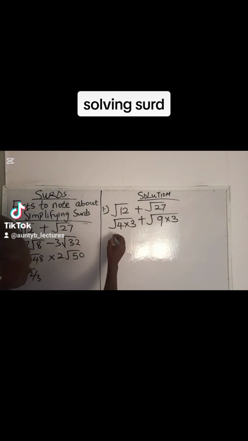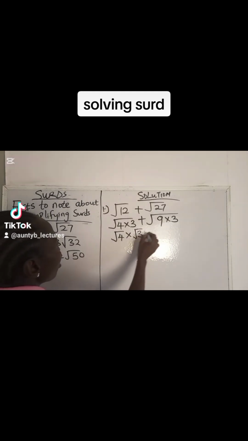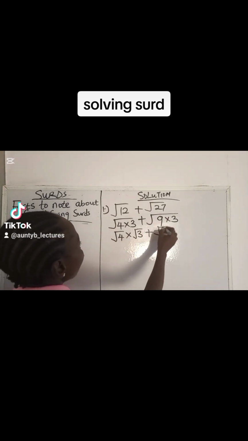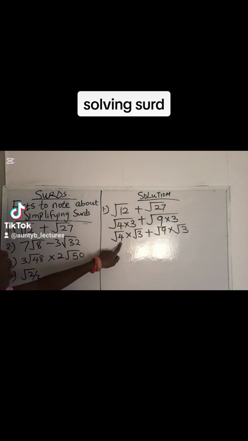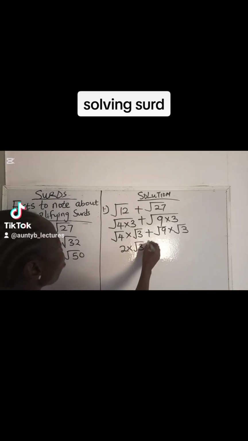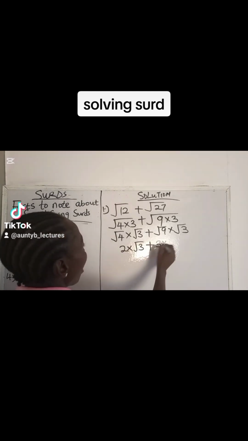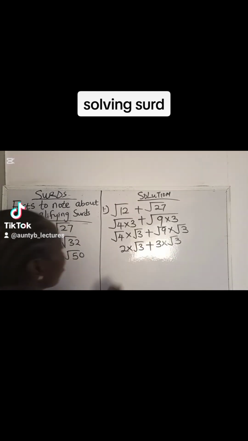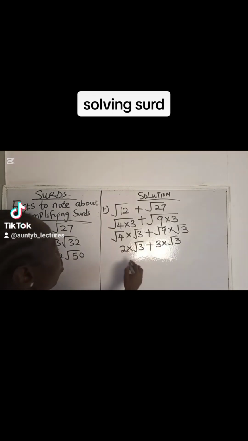Now we write it separately like this. Root 4 times root 3 plus root 9 times root 3. What is the square root of 4? It is 2. So we have 2 times root 3 plus, what is the square root of 9? It is 3. 3 times root 3. Now, this and this, we add them together.